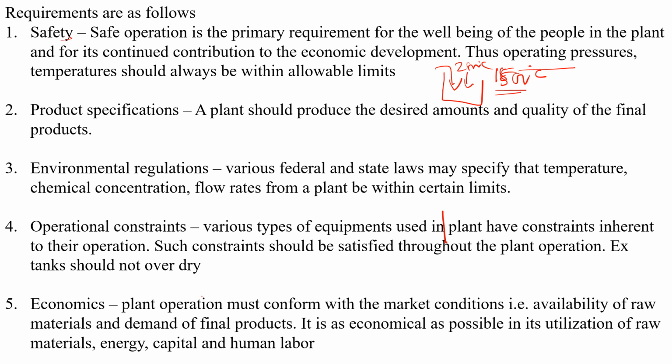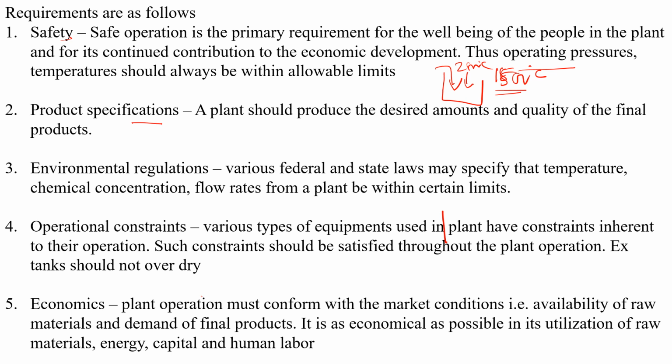Then the second requirement is product specification. A process converts the raw materials into the desired product, and that product has to have some specifications. For example, if you take a chalk piece, it should not be brittle while I write. So it has to maintain particular components: what the ingredients are, and what percentage of ingredients have to be mixed.